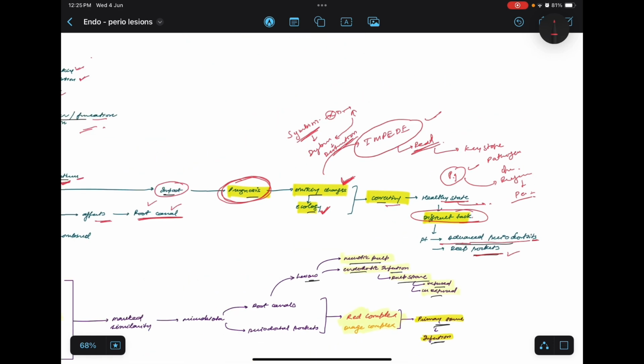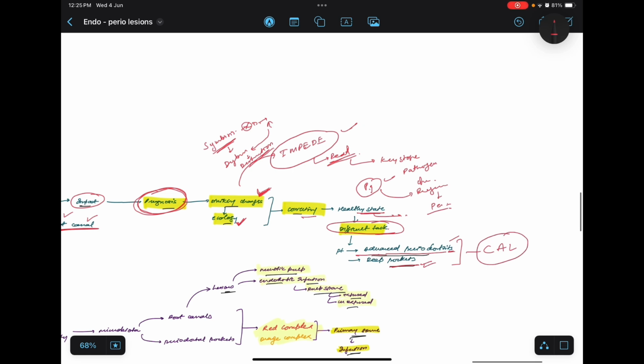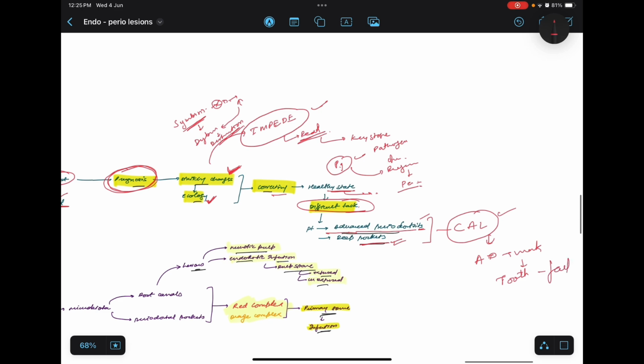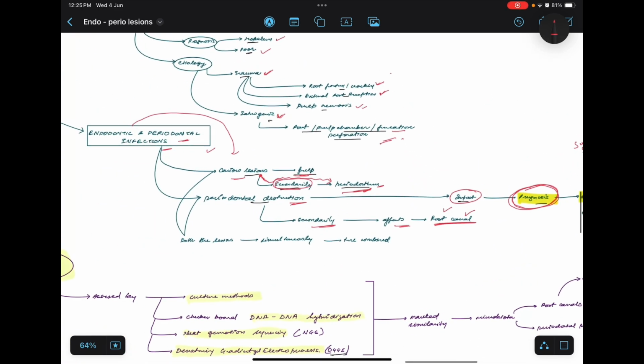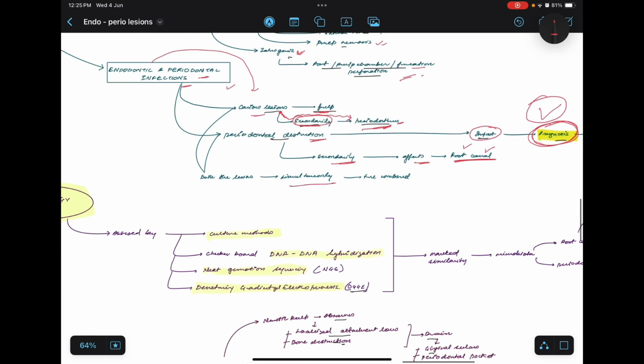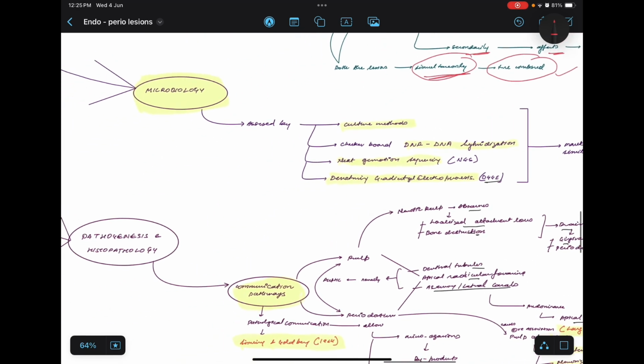Advanced periodontitis and deep pockets basically mean clinical attachment loss, and if there is clinical attachment loss, of course, the attachment apparatus has become weak, so there are high chances for a tooth to fall off. So that's why periodontitis directly impacts the prognosis of an EPL. Now if both the lesions occur simultaneously, it is a true combined lesion.